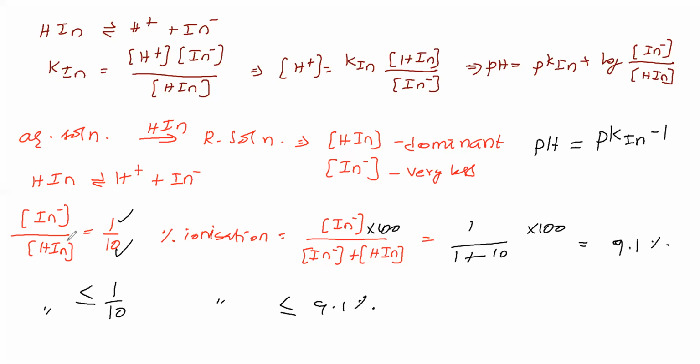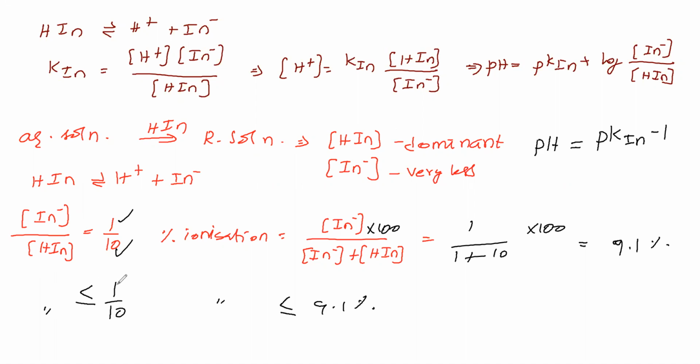If the ratio is this much, then the concentration of HIn is dominant. Then the resultant solution will have the color of this undissociated form. Now we will substitute a ratio less than 1 by 10.